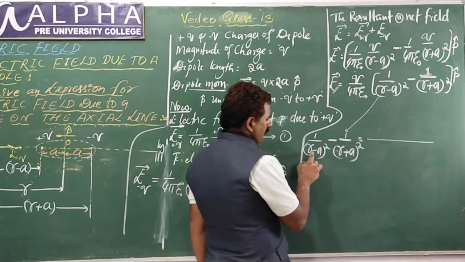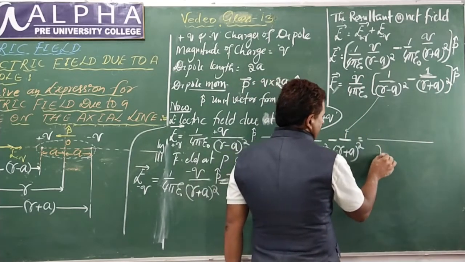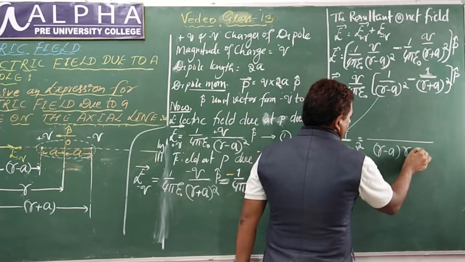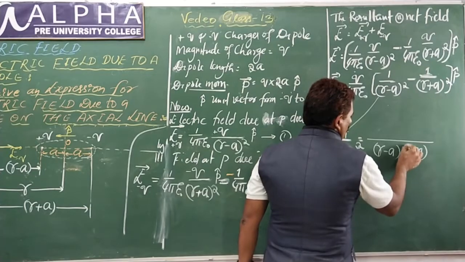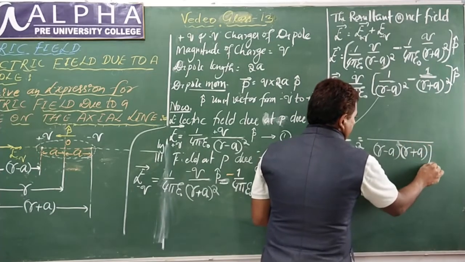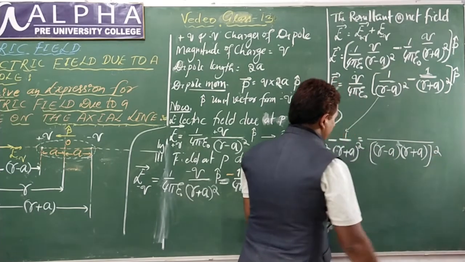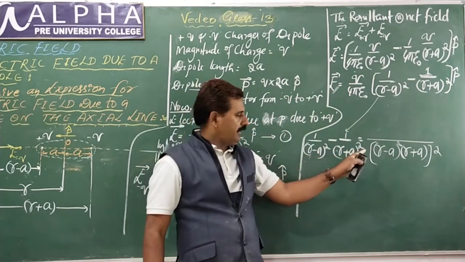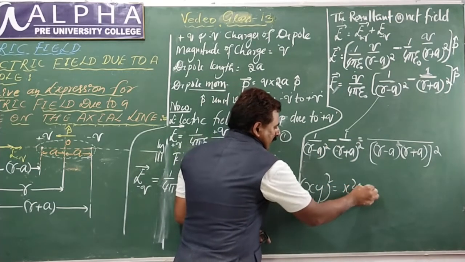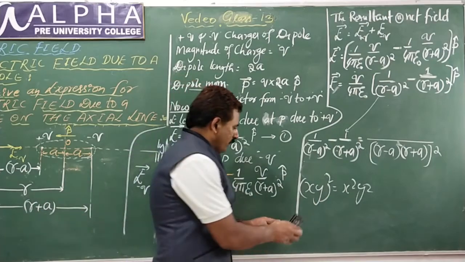See here, LCM: R minus A into R plus A, whole square. Both together you can write as square, square. X plus Y whole square, what is that? X square, Y square, right? You know this. Don't worry about it.